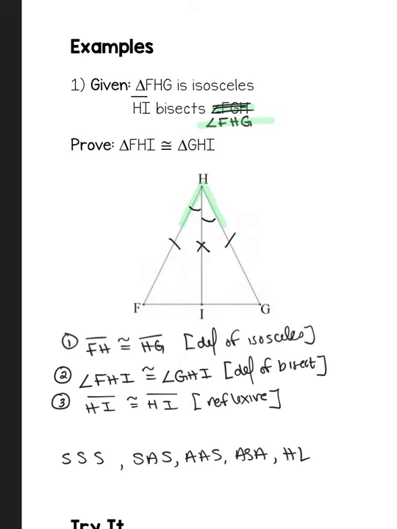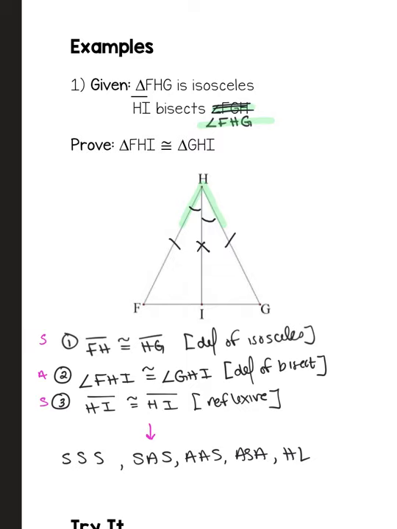So now that I have three pieces of information, I need to determine which congruence postulate this could be. If I look at the information that I've got, I have a pair of congruent sides, I have a pair of congruent angles, I have another pair of congruent sides. So that points towards this is probably SAS.